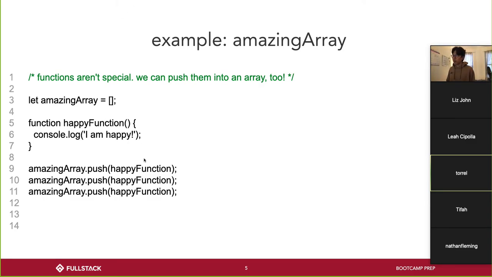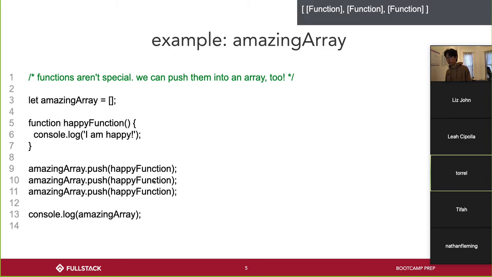Now, the part that is kind of confusing is you're not pushing in the function after it's been called, you're pushing in the function and it hasn't been called yet. So in order to call it, you'd have to access the property on that array and then do the parentheses. So when we log it, they're just going to be function types instead of a string type. And it's not the return value of this function because we haven't called it.